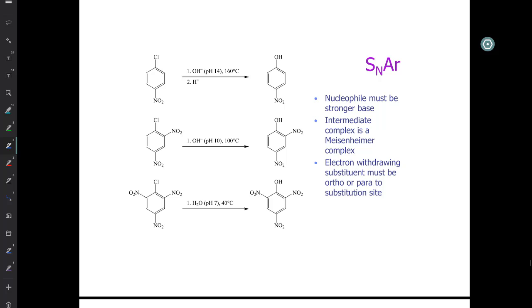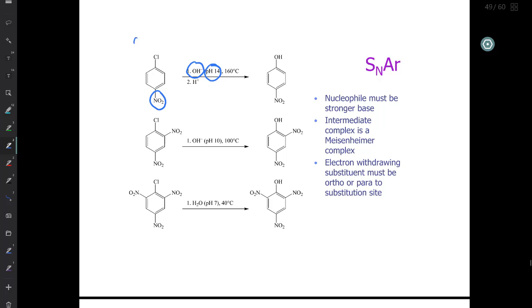To give you an idea about how this depends on the electron withdrawing groups, you can run this substitution reaction at pH 14, which means basically 1 molar sodium hydroxide, and 160 degrees Celsius. You have an electron withdrawing group here. The hydroxide is your nucleophile. Remember, this is substitution nucleophilic aromatic.